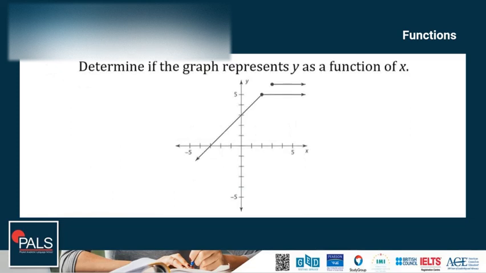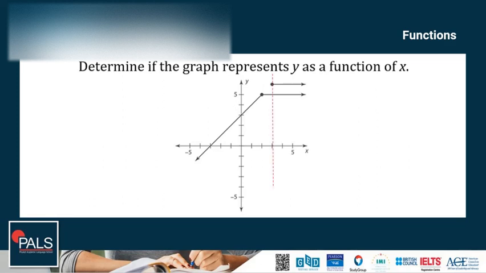Now, how about a graph? Determine if the graph represents y as a function of x. For a graph, there is what we call the vertical line test. The vertical line test uses a vertical line to check if for each value of x, there is only one value of y.